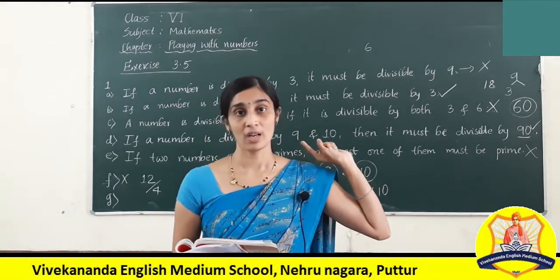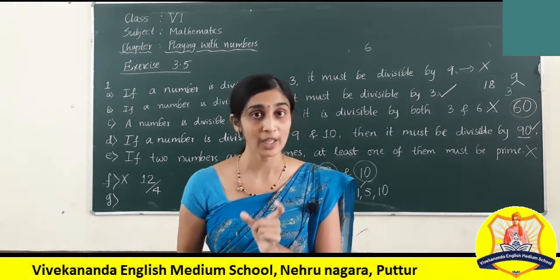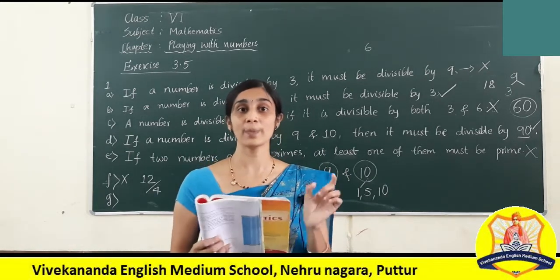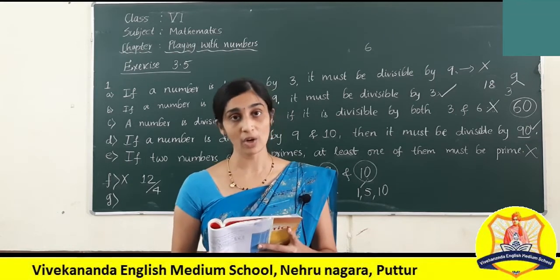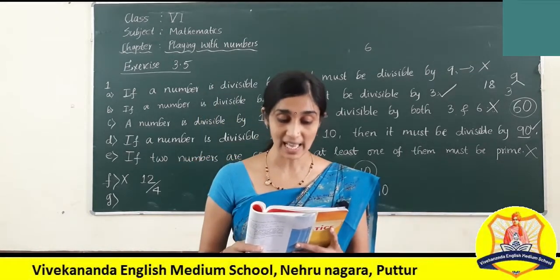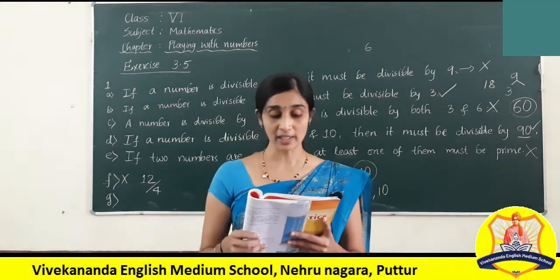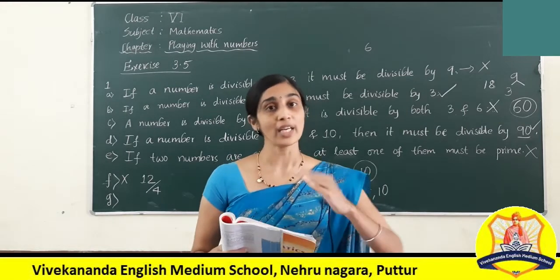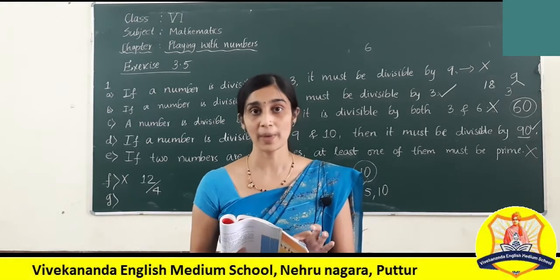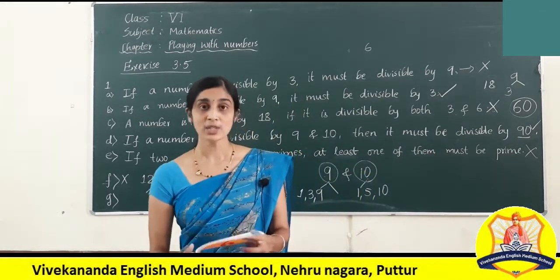Just recall the rule. It is true. Next, I: if a number exactly divides the sum of two numbers, it must exactly divide the two numbers separately. So it's vice versa. The reverse of H is the statement I. Vice versa is not possible here. So it is false. Next question.